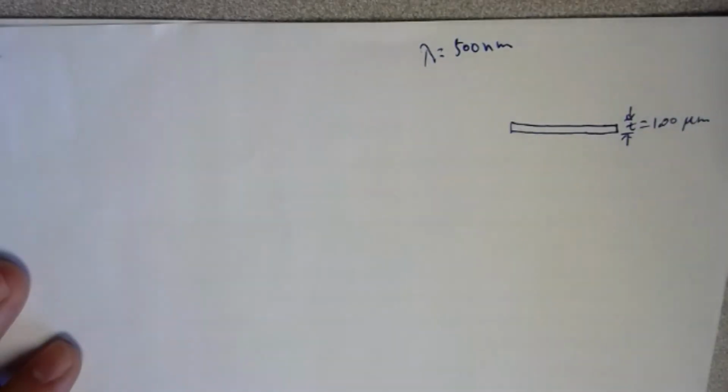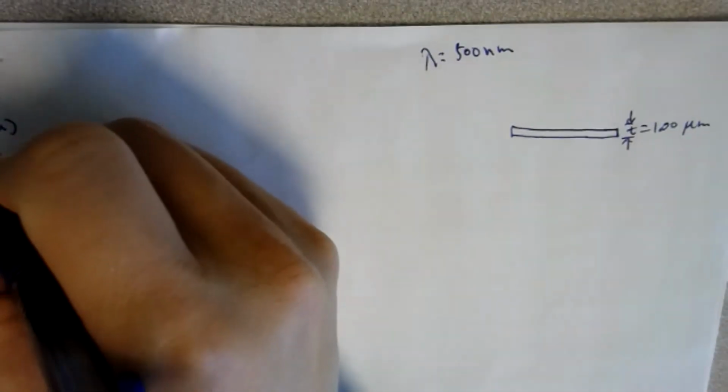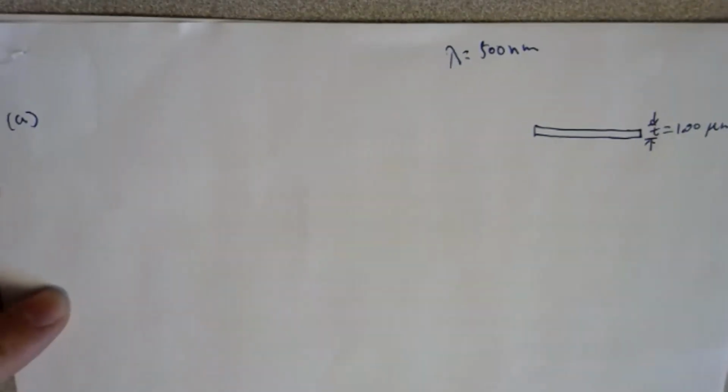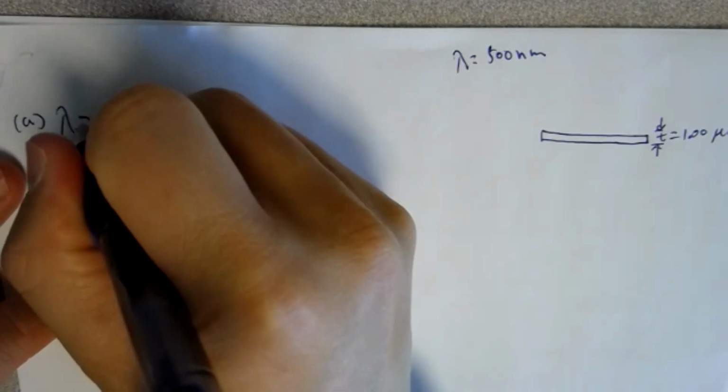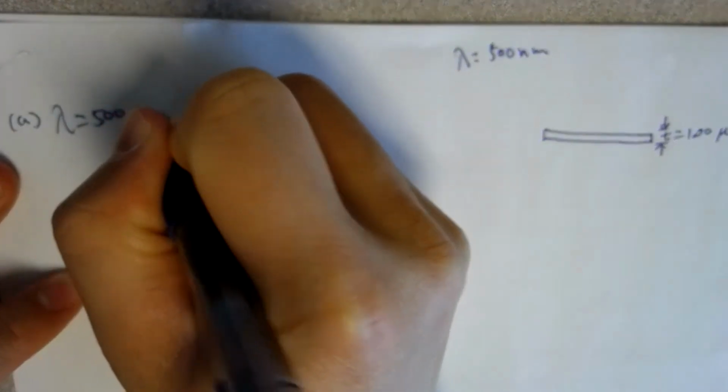The wavelength lambda equals 500 nanometers. It's asking what the wavelength is in the water. We learned in the previous lecture that for a wave going from vacuum or air, which are about the same, the wavelength in air or in vacuum is 500 nanometers.